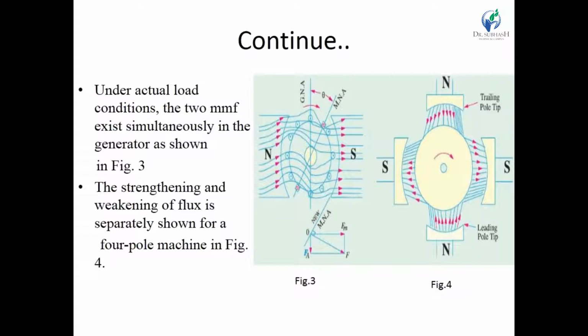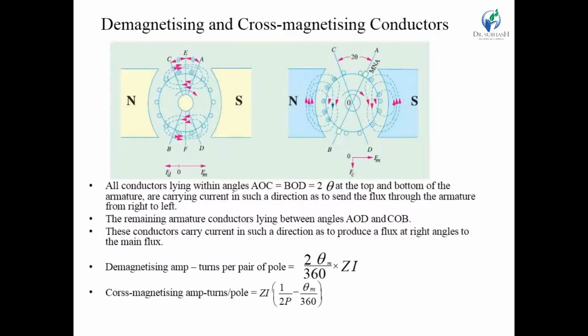In fact, the amount of increase in flux density is less than the amount of decrease at the other end. Hence, there is a net reduction in flux, which is called the demagnetizing effect. Here is the figure of cross-magnetizing and demagnetizing effect.